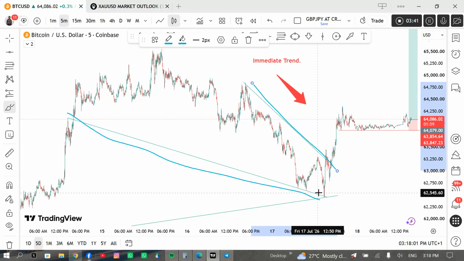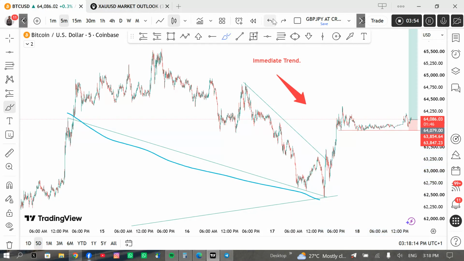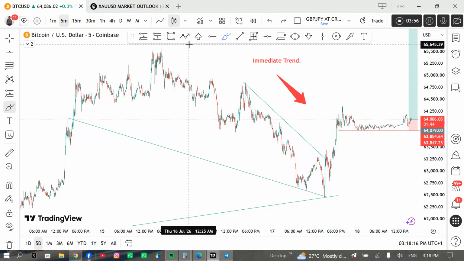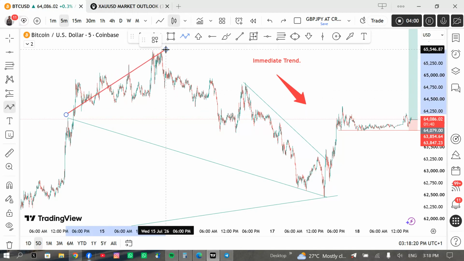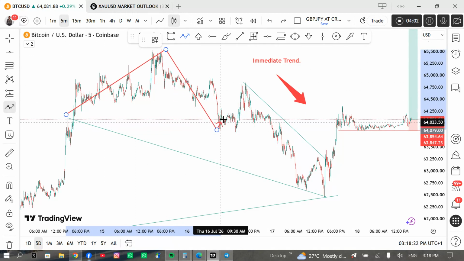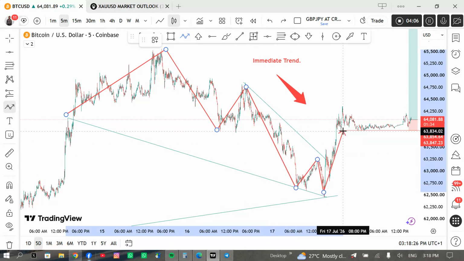And after price broke out of the wedge pattern, we waited for price to hold so that we can gain our entry. Because anytime price breaks out, I usually wait for a moment that it will hold for me to gain my entry. So this is the wedge pattern. You can see how price has been hovering inside of that wedge pattern, and then it finally broke to the upside.